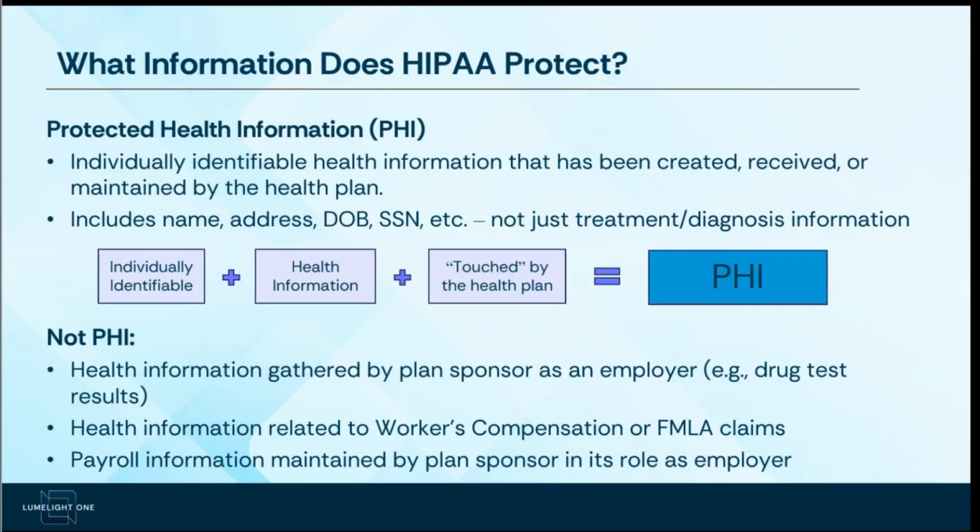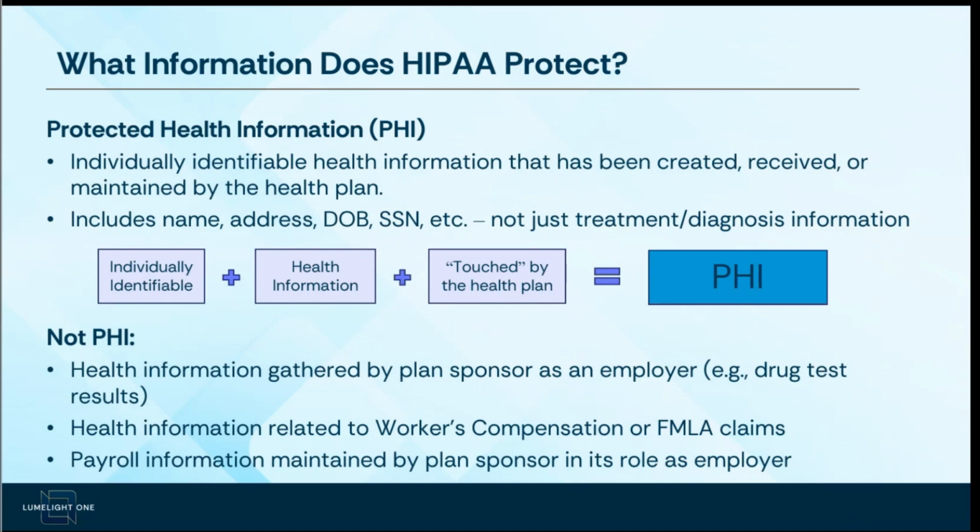What information is protected by HIPAA? HIPAA applies to and protects what it calls protected health information, or PHI. PHI is any individually identifiable health information that is created, received, or maintained by a covered entity, like the health plan.